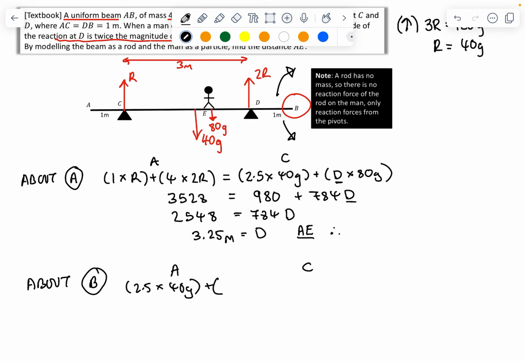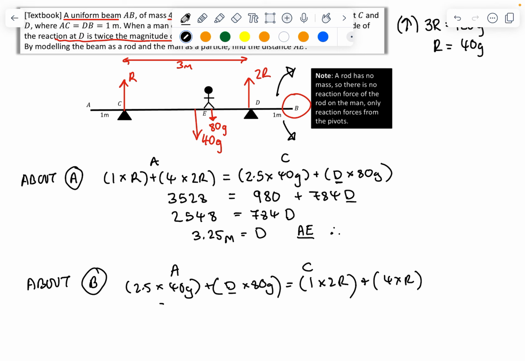And then I've got the man's weight, which is D, the distance we don't know, times 80g. And that is equal to 1 times 2R, because the contact point at D is only 1 meter from B. And this time 4 times R for the contact point at C. Okay, so that's all my forces again.